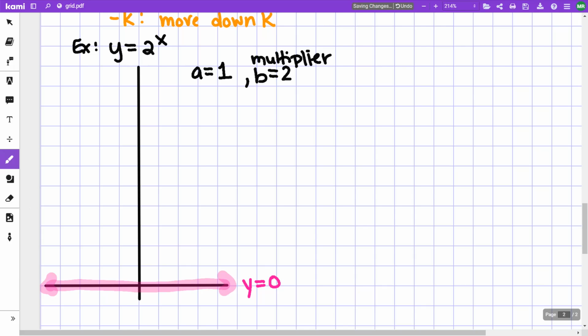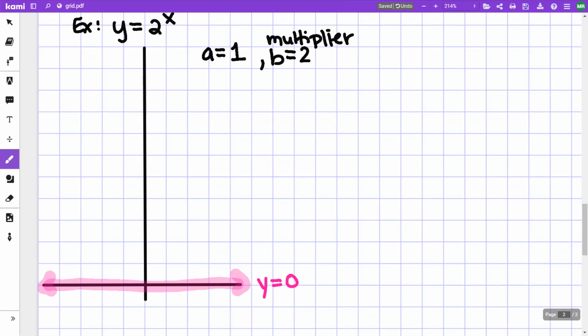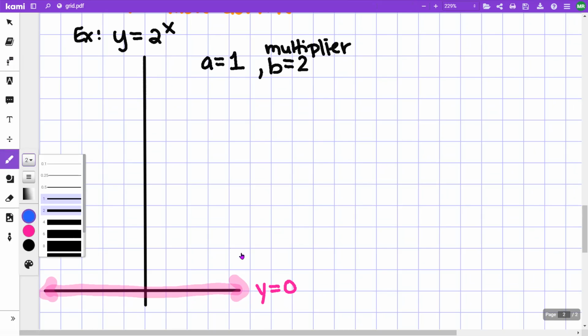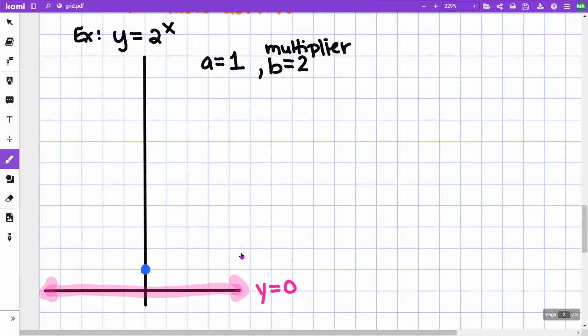So the way I generally teach this to my integrated ones is we're going to start at our start, which is going to be the y-axis. What we're going to do when we're graphing this is our first point is going to be our a. Our a is 1. So I'm going to be right here at 0, 1.